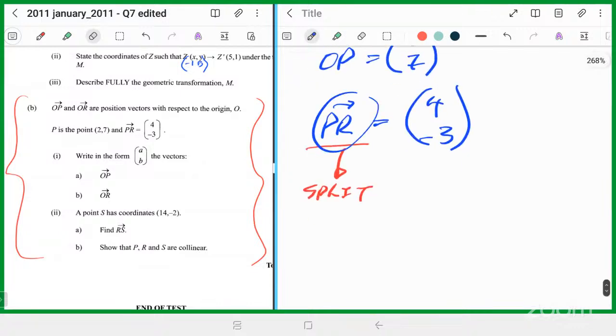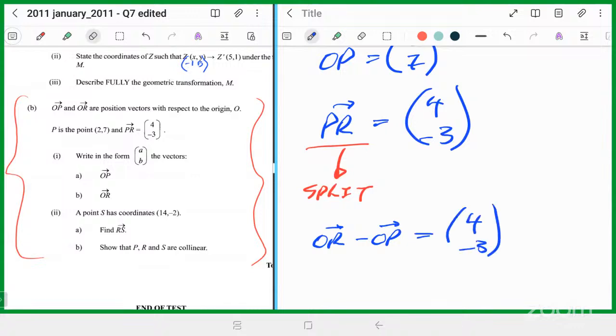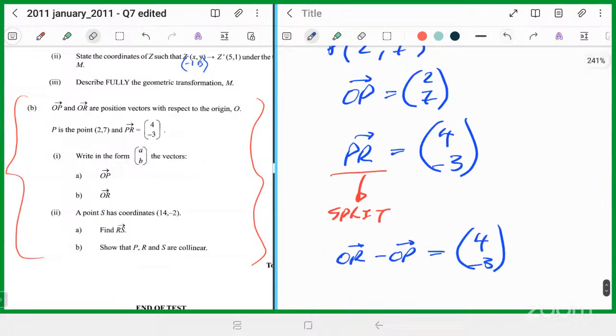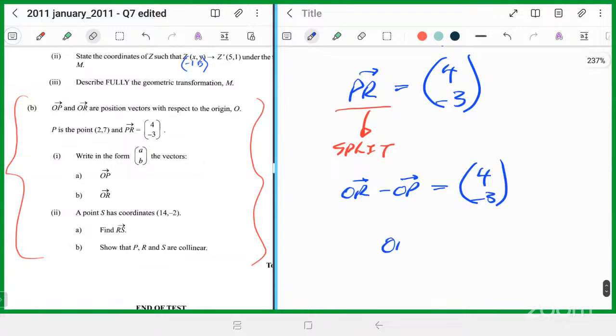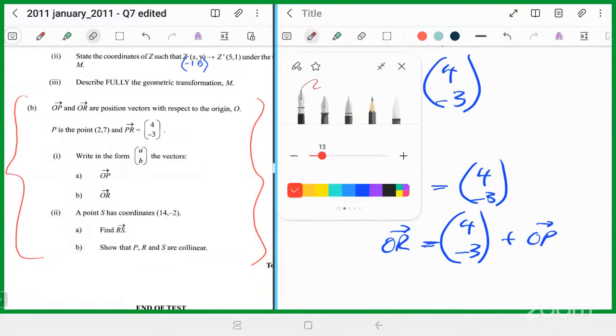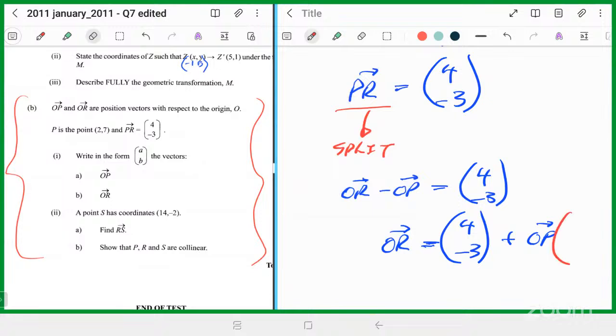So this side, the vector, you write as OR minus OP, and put it equal to (4,-3). You know the OP already, so you can find the unknown, which is OR. Transpose the OP over that side and make it plus. You get OR is equal to (4,-3) plus OP.